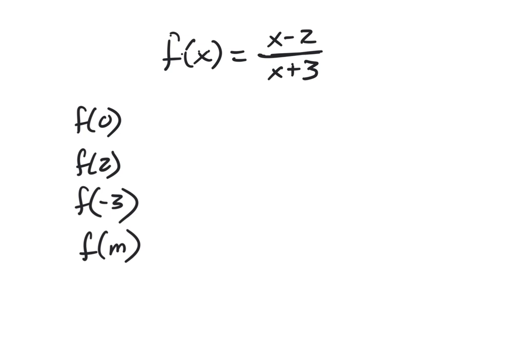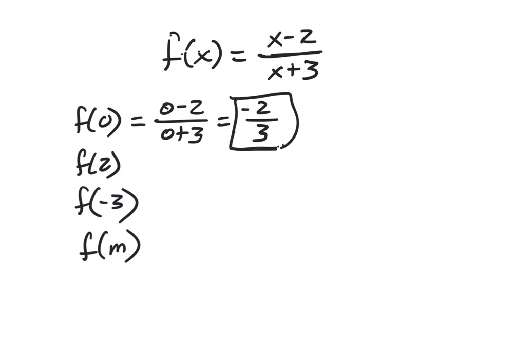Okay, and so in this case, I'm going to plug 0 in for x. So this would become 0 minus 2 over 0 plus 3, which is negative 2 over 3. And we can't do anything to reduce that, so that becomes our answer, negative 2 over 3.